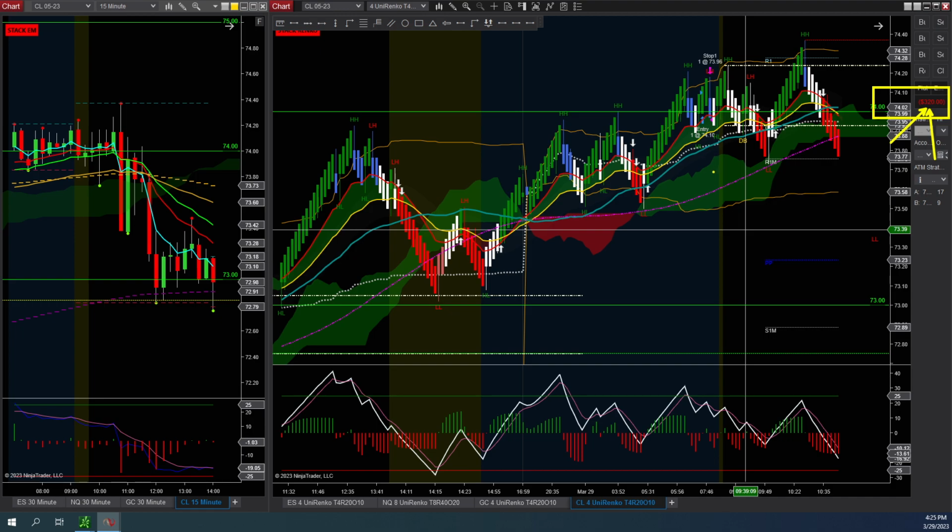Anyways, I entered the first trade right there. You see that entry at 74.10. The reason why I took this one is because of all the moving averages, and this one was before 9 a.m., so it was around this area here.